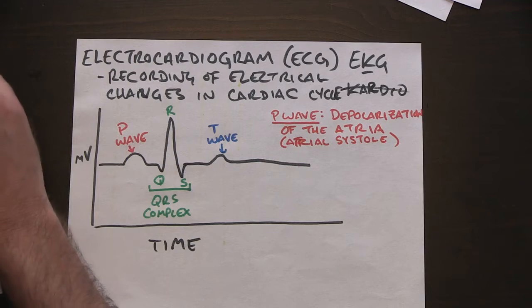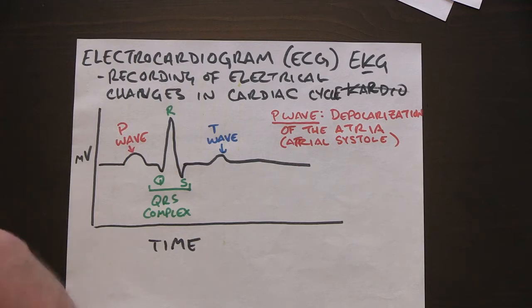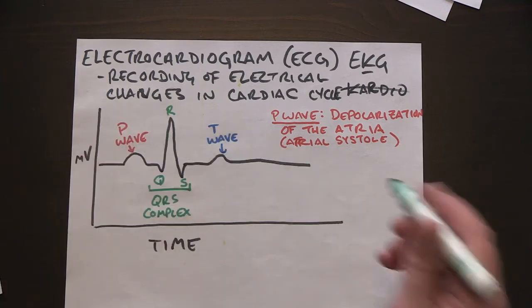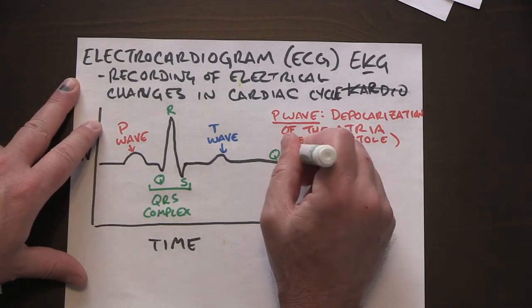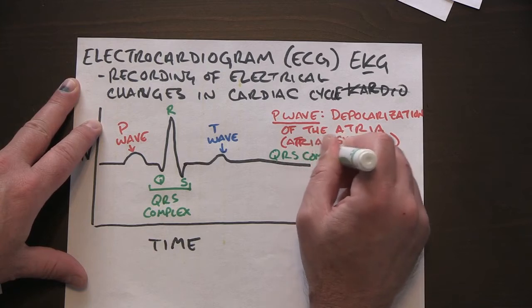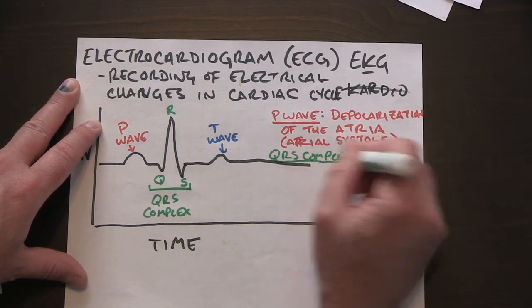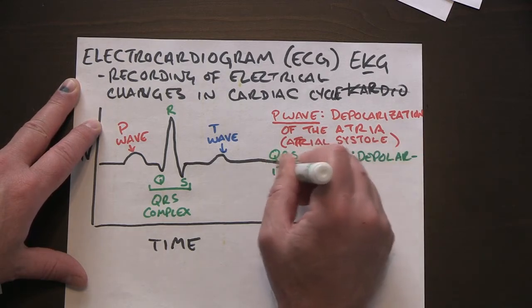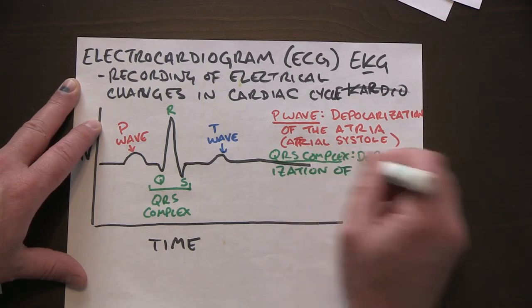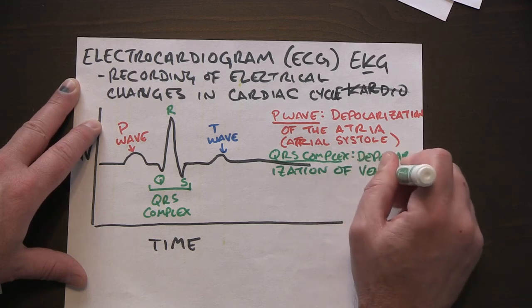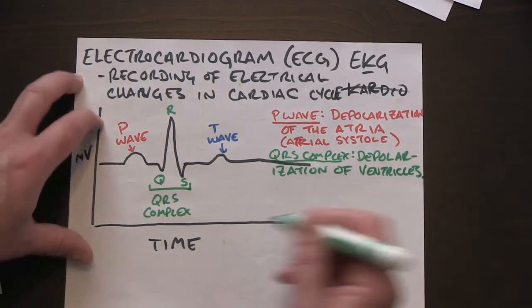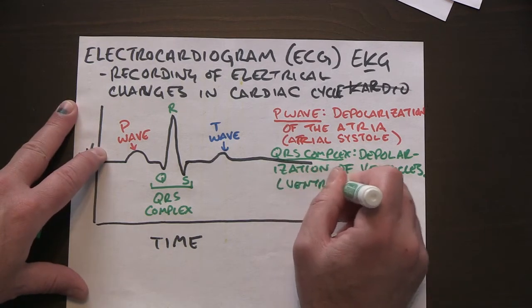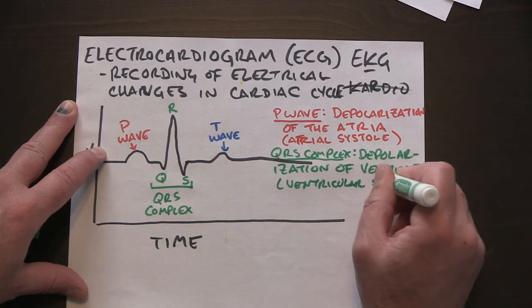Okay. Then the QRS complex is the depolarization of the ventricles, and therefore ventricular systole.